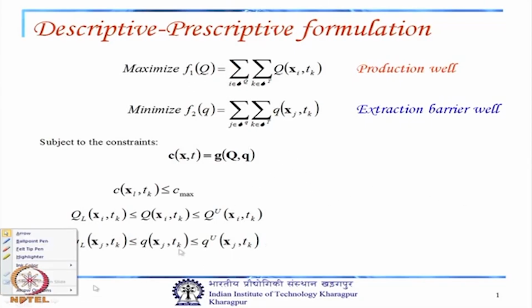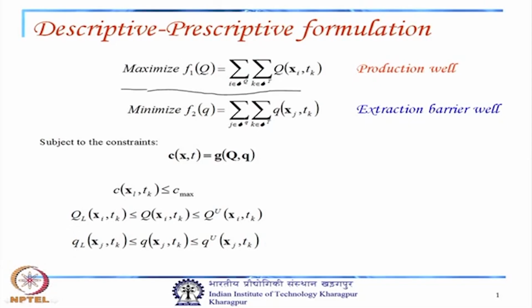So, we have the maximization of pumping from production wells, then minimization of pumping from extraction or barrier wells, because these pumped waters cannot be directly used for our water supply systems. We need to have some kind of reverse osmosis or any other kind of plant to treat these waters.